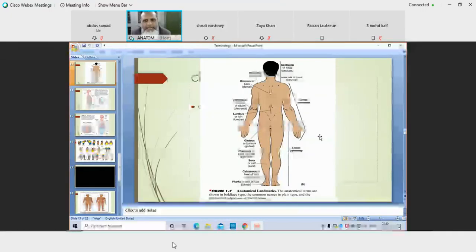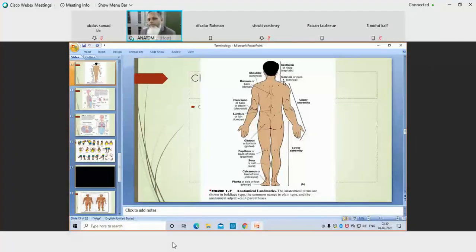Did you hear what I said? Now I am going to give you an example so that it becomes clear. Now see the attachment of the upper limb. This is the shoulder joint, the root of attachment, and here in the forearm we have the wrist joint.